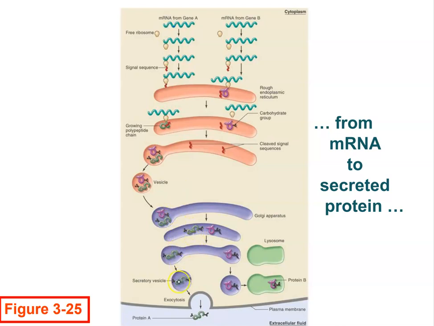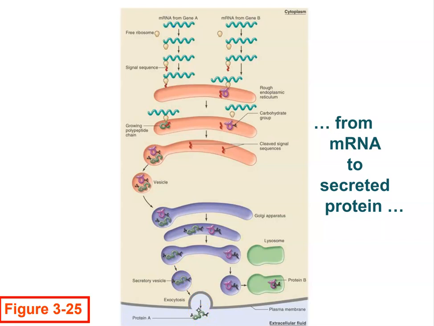And then here we're packaging up the final product, and by exocytosis we're going to let it out of the cell. So this could be, let's say, a pancreatic beta cell, and it's making insulin, and now we're packaging up the insulin, and we're just going to dump it out into the blood.